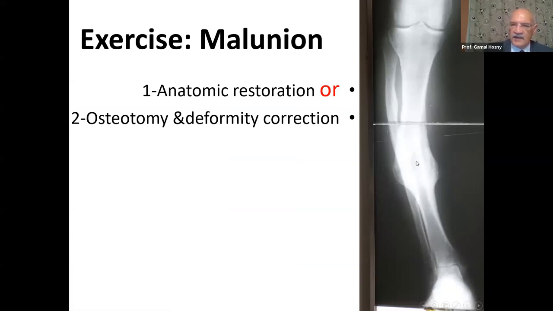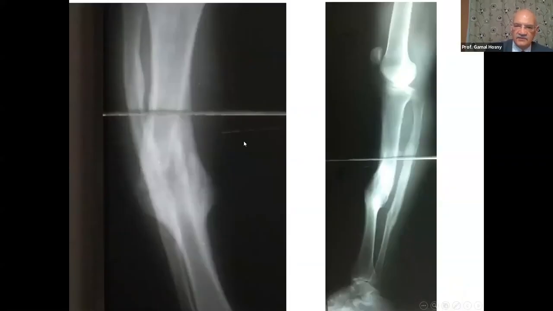If you do an anatomical restoration and do osteotomy here, it's a heroic operation, and the skin is adherent, and you are going to have significant bleeding. So we prefer osteotomy and deformity correction. You see this is the proximal segment, and this is the distal segment. And you see the lateral side. We have translation also and angulation.